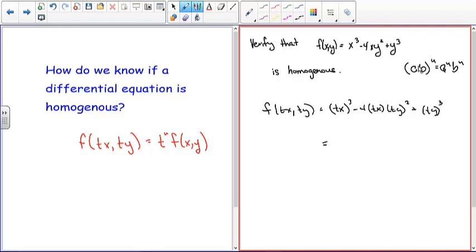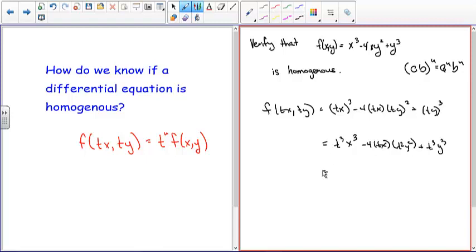Now the properties of exponents say if you have two things multiplied together and raised to a power, it's the same as each term in the product raised to the power separately. So because I have tx cubed, it's the same as t cubed x cubed. This one's not affected because it's raised to the first power. This one's squared, so you get t squared y squared, and then finally you get t cubed y cubed.